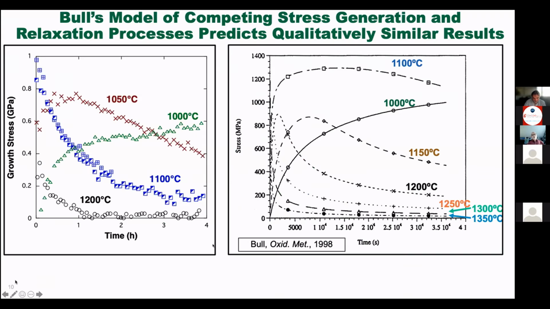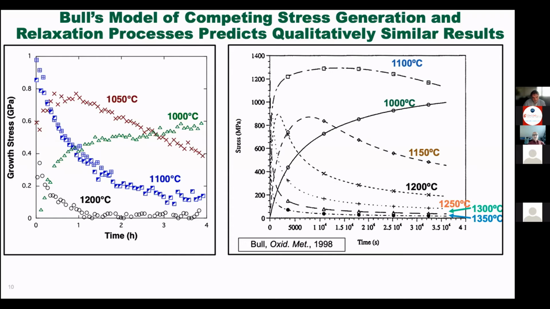Now, several years before these measurements, Veal had presented a model of this competing stress generation and relaxation process. I repeat our data on the left for FeCrAl, and his data for FeCrAl is shown on the right. And even though the temperatures are off, they show qualitatively similar curves or behavior as a function of time.